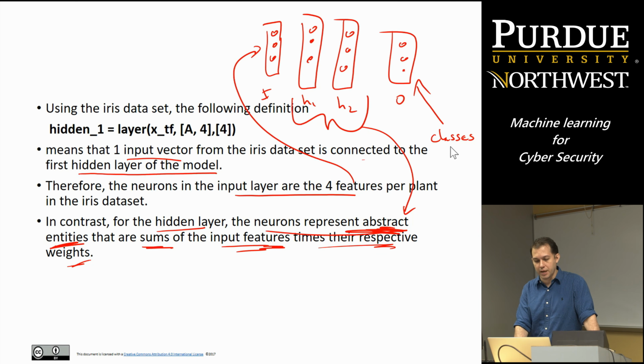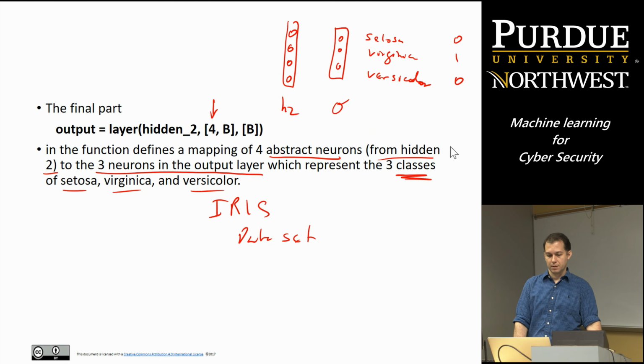In contrast, for the hidden layer, the neurons represent abstract entities that are the sums of the input features times their respective weights. So that's just a definition of this. The final part, output layer, in the function defines a mapping of 4 abstract neurons from the hidden 2 to the 3 neurons in the output layer, which represent the 3 classes: Setosa, Virginica, and Versicolor.